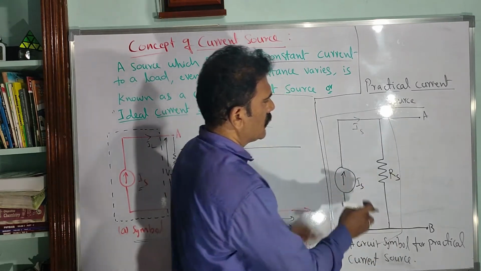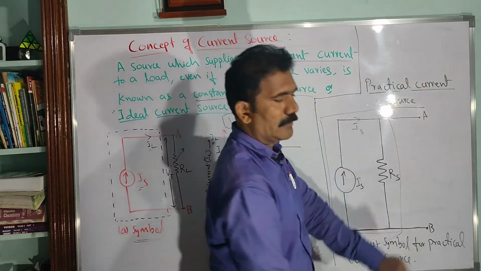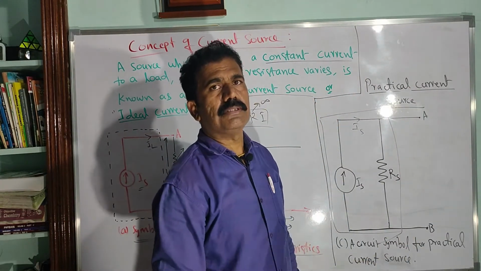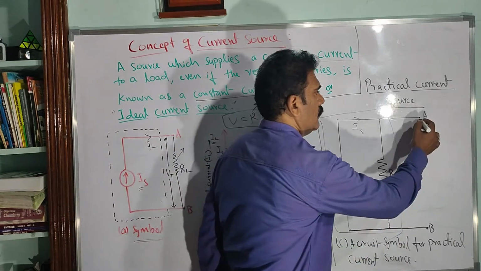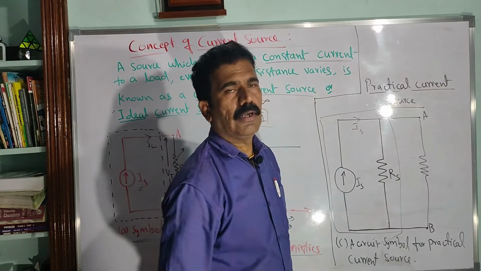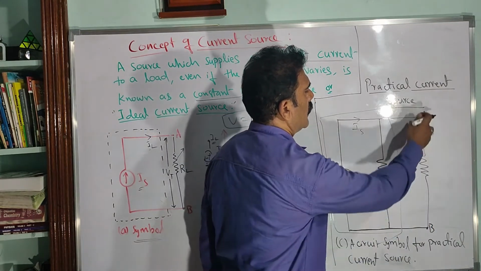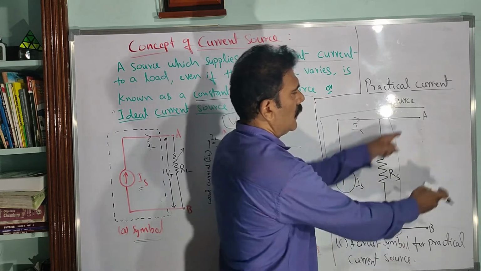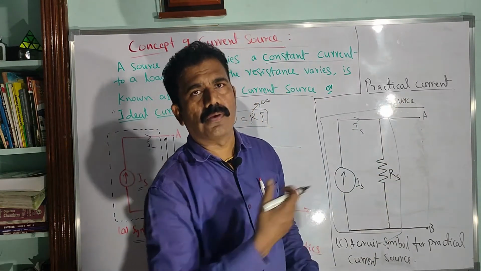After this current source, the two terminals A and B are open terminals. If you want to see the flow of current through the load, then you need to connect a load resistor here. Otherwise you can assume that terminals A and B are open, available to connect to any load to draw the current.